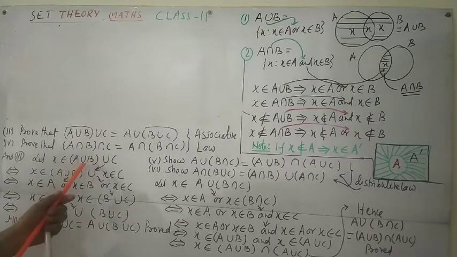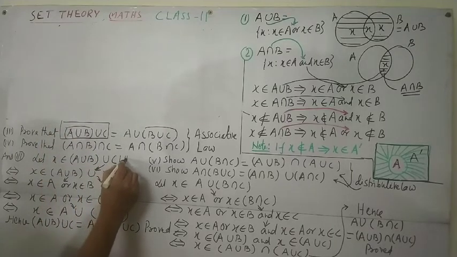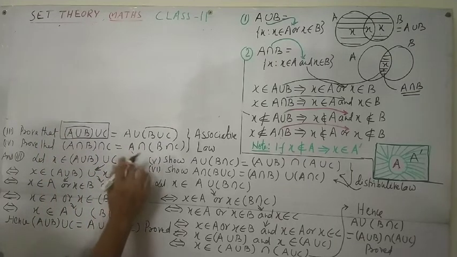Again, let x belong to A union B union C. Starting from LHS, this is your LHS.